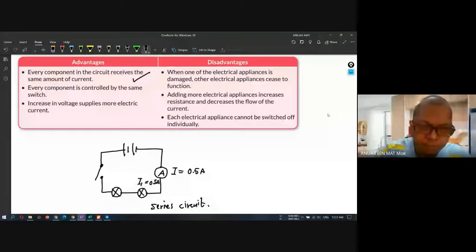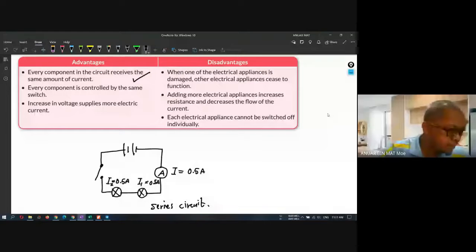And the current received by the second device, we call it I2 over here, is also receiving the same amount of current. So if I put another component inside the series circuit, the amount of current is also the same. Okay, this is the first advantage. Can you understand, class? Is that okay?